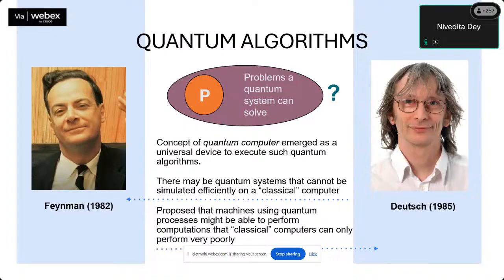So initially, quantum algorithm. Do you know what an algorithm is? It's basically some recipe, in very easy words. With respect to computation, we believe an algorithm is a process which has some input and some output, where the number of inputs is greater than or equal to zero.